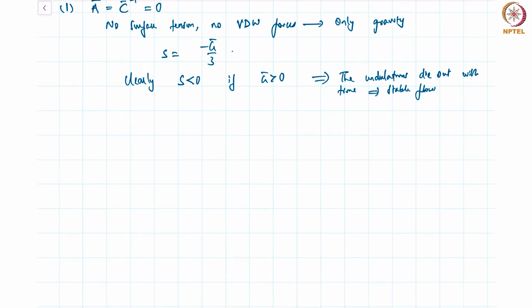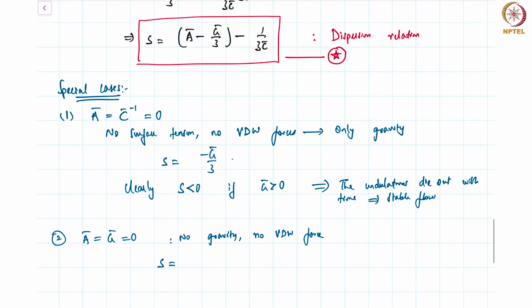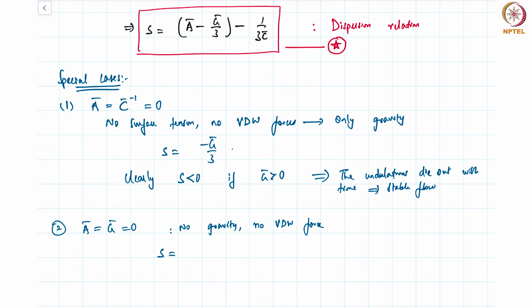Okay. Now let's look at another special case, which is A bar and G bar are 0. That is no gravity, no van der Waals force. Right? Again, in this case, S essentially becomes, if you look at this equation star, the first two terms in the bracket disappear.